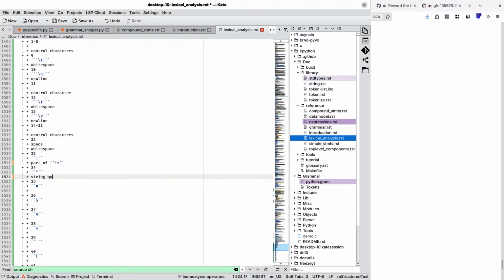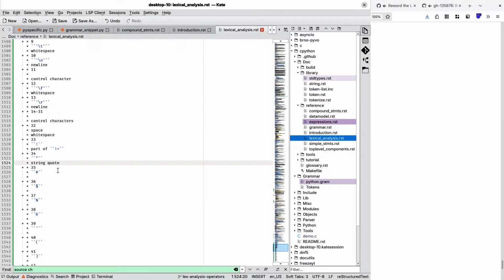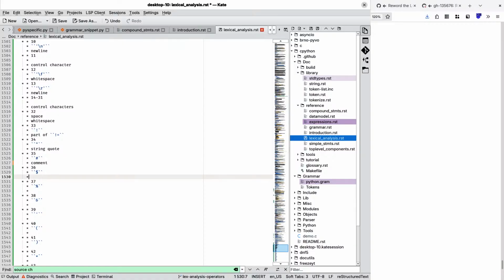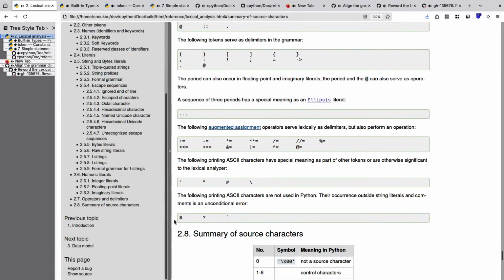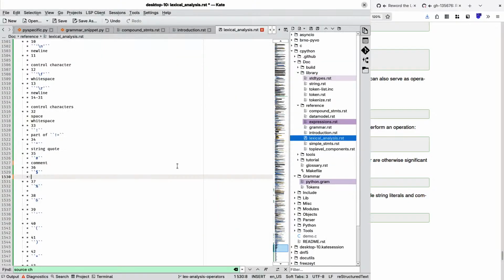Is it also for a look ahead though, or is that? No, that's the grammar. That's the metagrammar. That's in Python. Okay. Comment, dollar is unused, right? Yes. Sure, this is kind of cool. Neat.